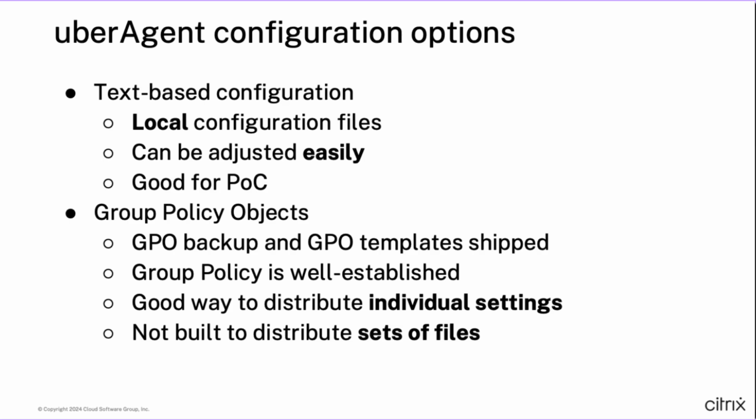Especially when configuring uberAgent ESA, it's quite unhandy because you still need to maintain those local configuration files somehow. Therefore, you might additionally need a way to distribute those files. So that's also not the best option here, because GPOs are simply not built to distribute sets of files.